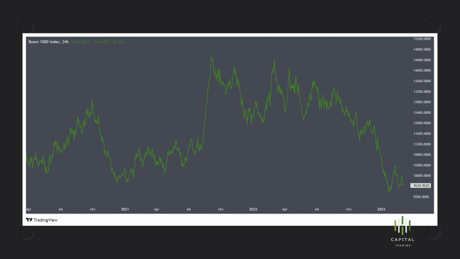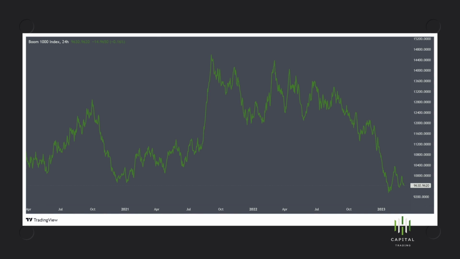And then we have Boom 1000. For Boom 1000, we wouldn't want to say it is a trending market, right? It's not as clean as Crash 1000.